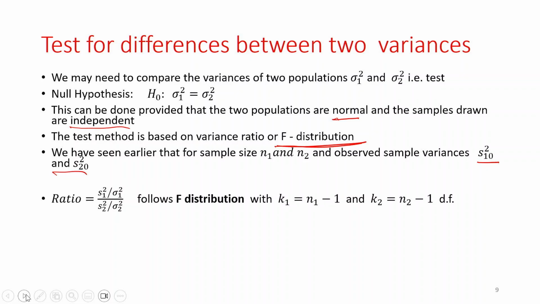This was also done earlier, that S1 squared by sigma 1 square, S2 squared by sigma 2 square follow F distributions. And these are the degrees of freedom.